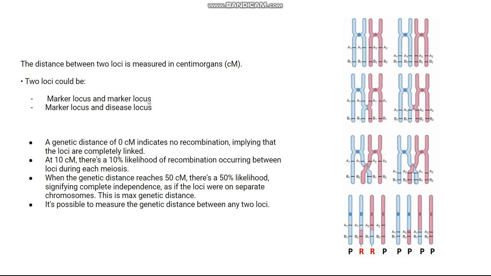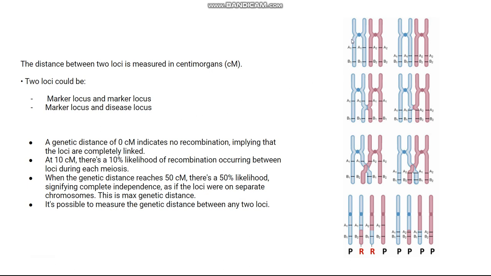We also say that if the genetic distance is 0 centimorgans, it indicates no recombination, implying that the loci are completely linked. Now suppose the two loci are 50 centimorgans apart. We then say that the loci are syntenic. The loci are on the same chromosome, but they're unlinked, and this is equivalent to independent transmission, as in the case of alleles of loci that are on different chromosomes.